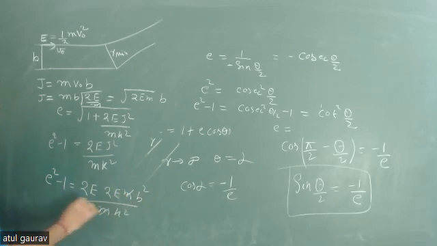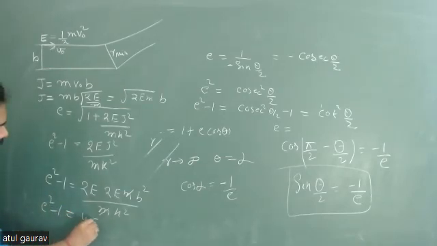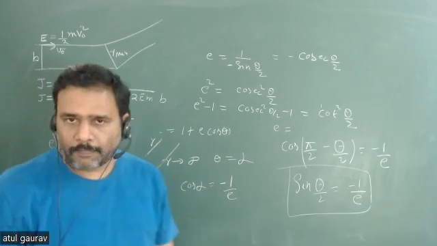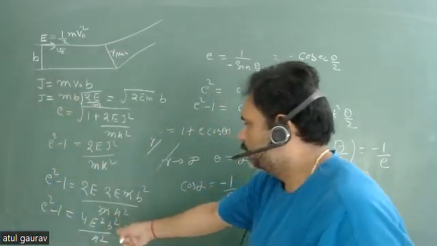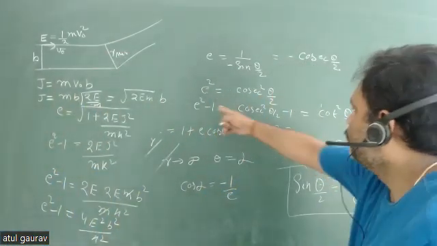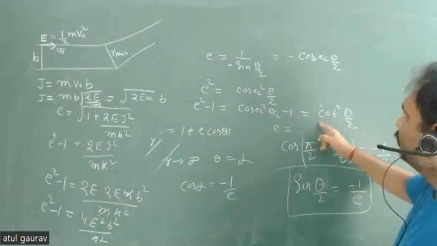This m and m will cancel out, and you have E square minus 1 is 4 E square B square upon K square.